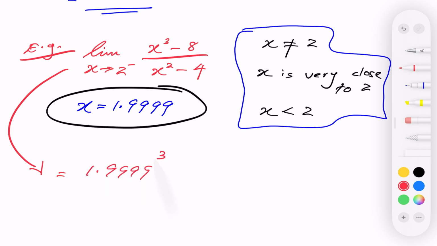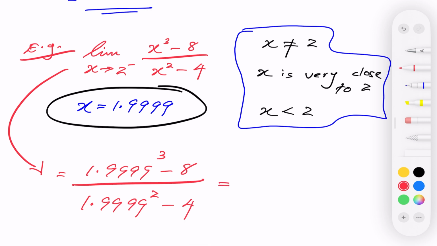All right, when I substitute that in this function, I will get 1.9999 raised to the third power minus 8, divided by 1.9999 raised to the second power minus 4. Now, if I simplify this, I get 2.9999. Well, if you didn't get that answer, retry this simplification with your calculator with these parentheses.